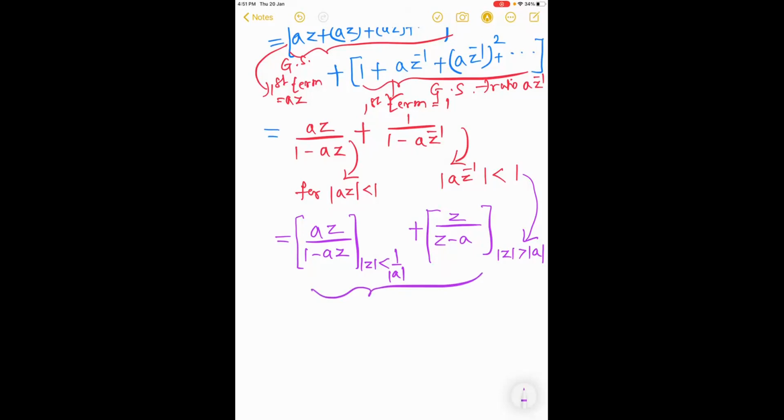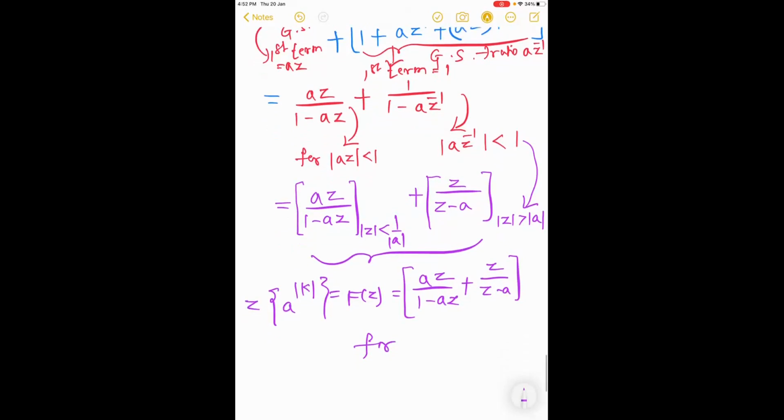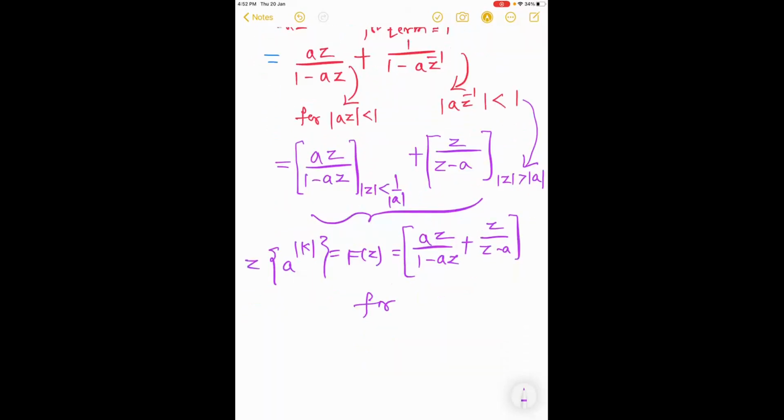Combining both, we can write the Z transform of a raised to mod k is equal to F(z) equal to az upon 1 minus az plus z upon z minus a, for mod z less than 1 upon mod a and mod z greater than mod a.